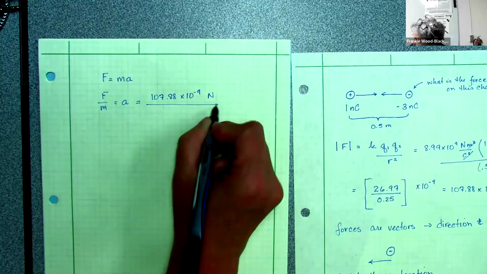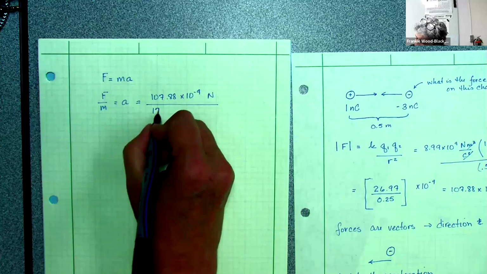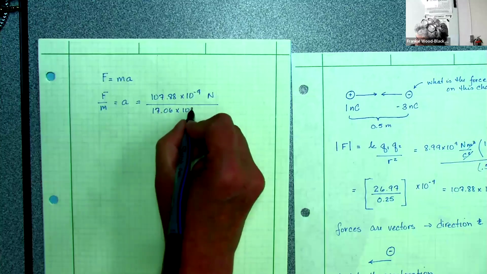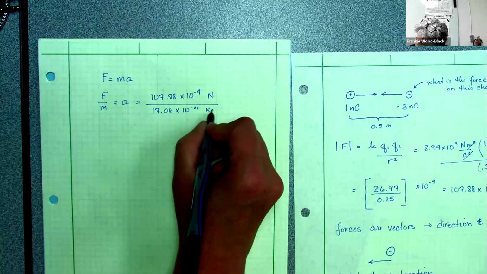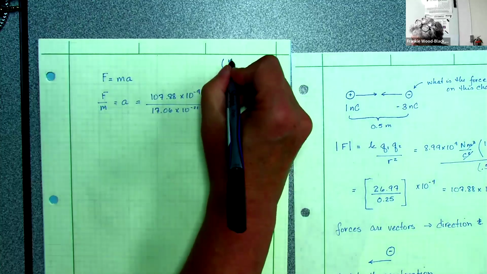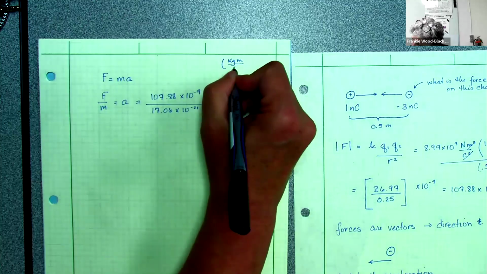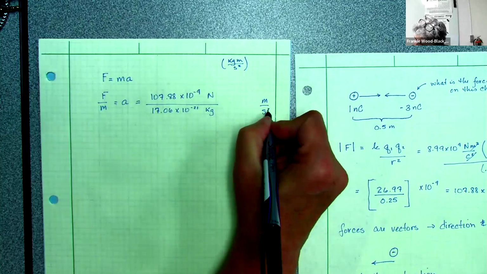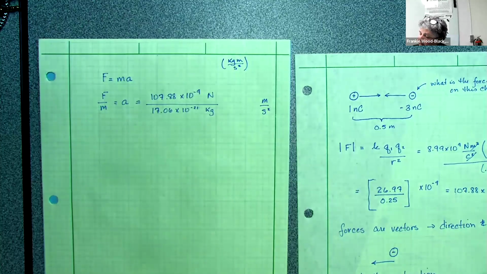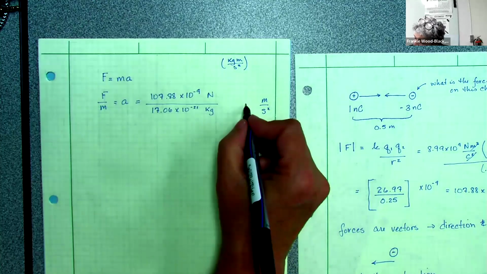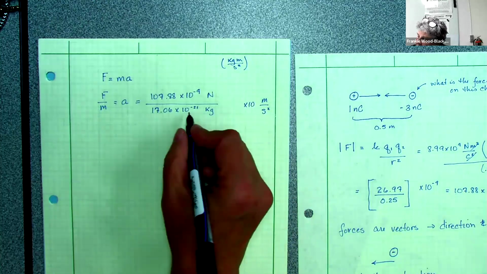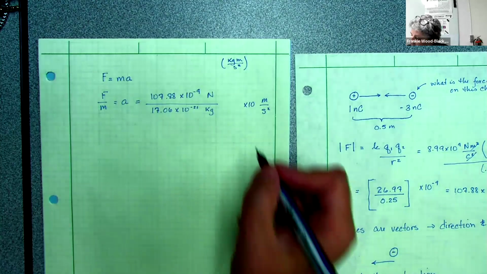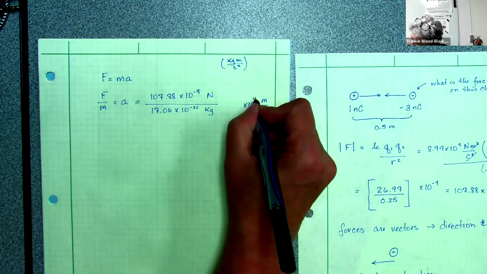The mass we calculated to be 17.06 times 10 to the minus 21 kilograms. Remember, a newton is a kilogram meter per second squared. Kilograms will cancel out. I get meters per second squared, so I've done everything correctly. I'm going to end up times 10 to, I got 21, I'm going to end up with a positive 12.